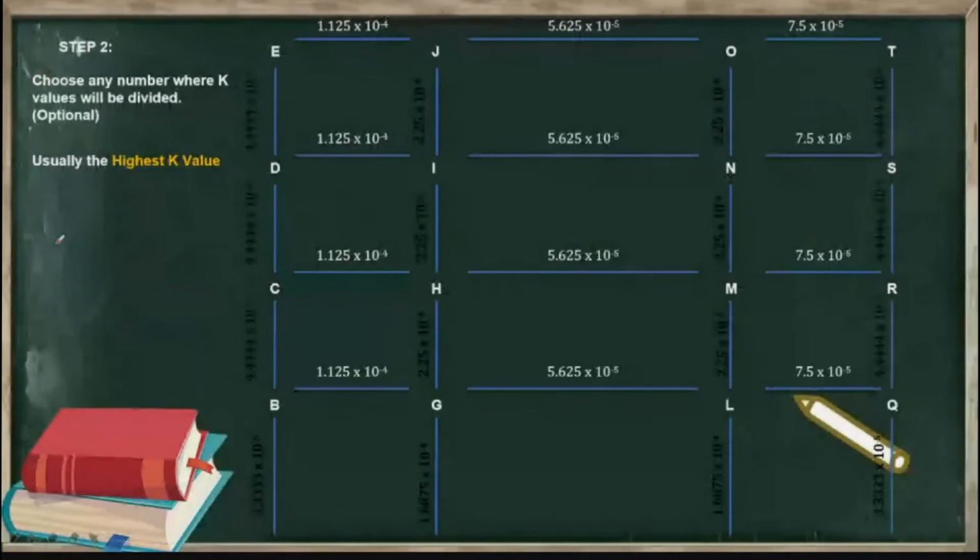This will be the denominator. For example, we have here girder JO.